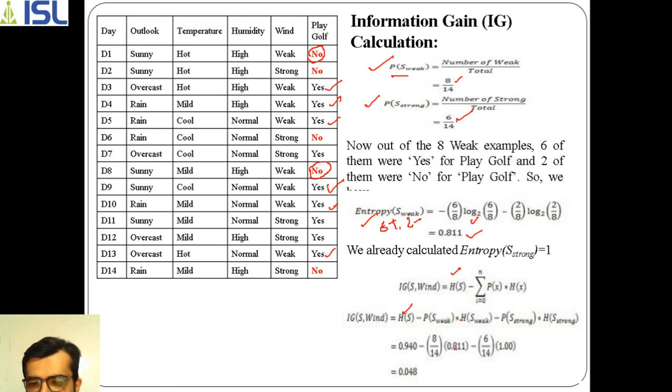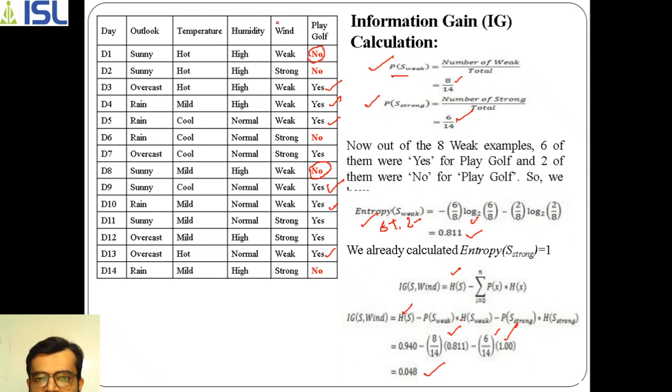So 8 by 14 into 0.811, minus P of S strong, which is 6 by 14, into the entropy, which we got as 1. If you substitute this, you will get 0.048. This is the information gain for wind.